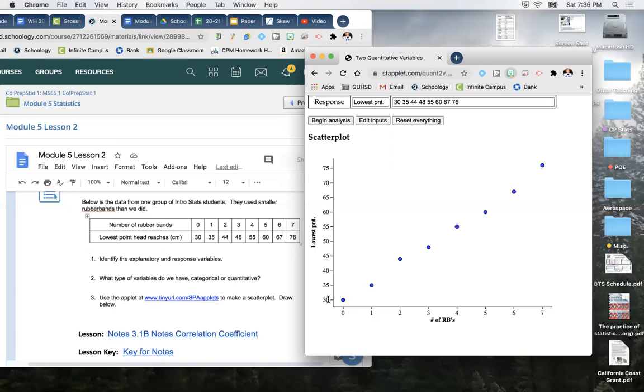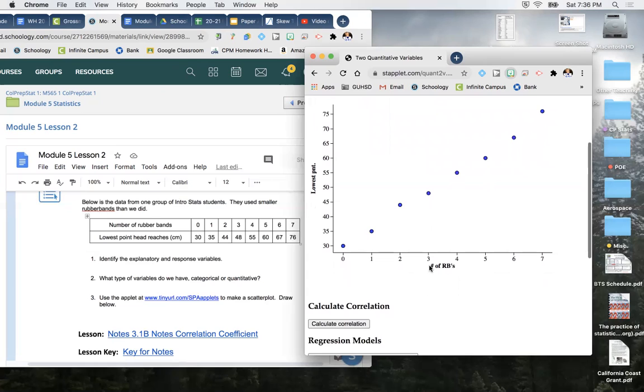So the Barbie is hanging with her head down, and that would mean that her head hangs down 30 centimeters. And then when you put 1 rubber band on the bottom of her feet and you let her dangle, she now is at 35. Then when you have 2 rubber bands, she's at 46, 47, 44. So you can see that that's what we have going on, but there is an extremely strong positive linear correlation.